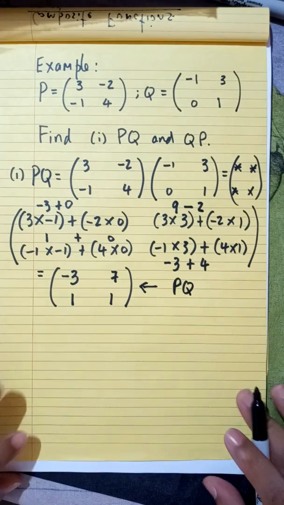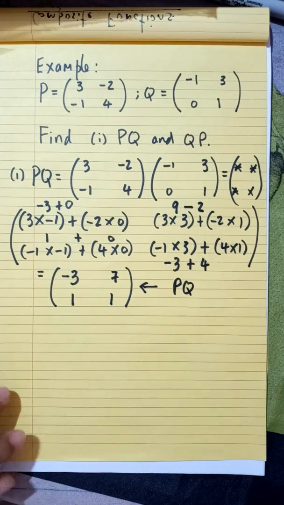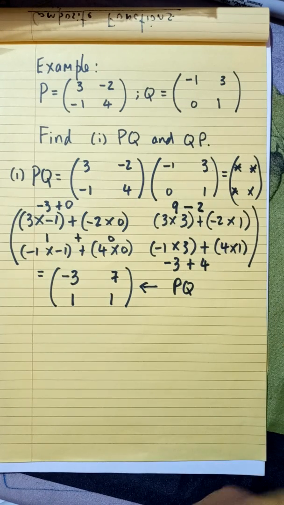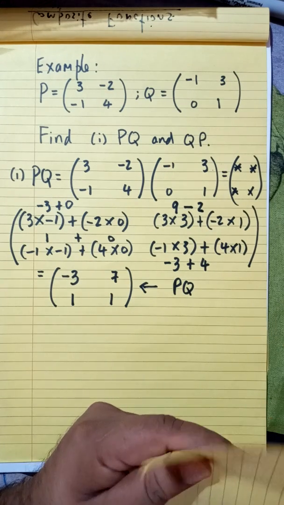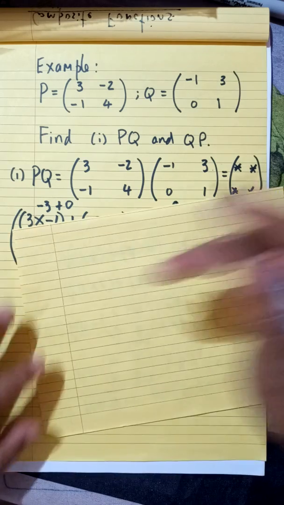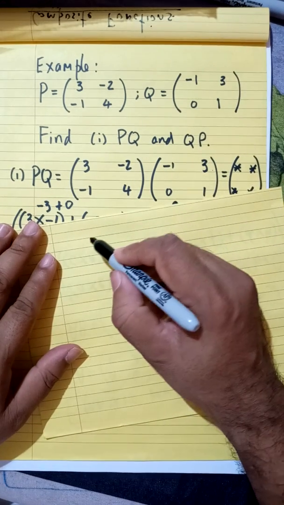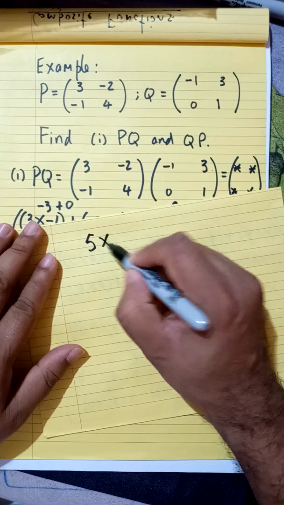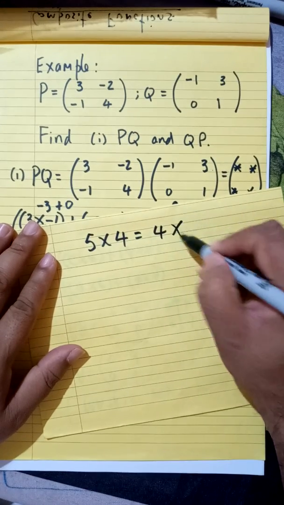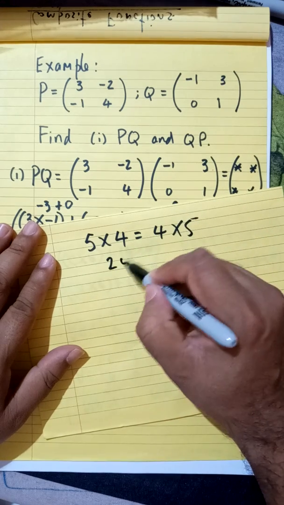Now our next task is to work out QP. What they want is just to flip it around, but you say, boy, sir, you're supposed to get the same thing. Because remember, with numbers, for example, 5 times 4 and 4 times 5 is the same thing.